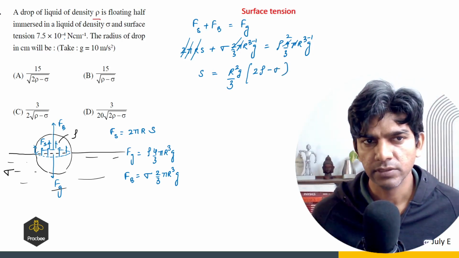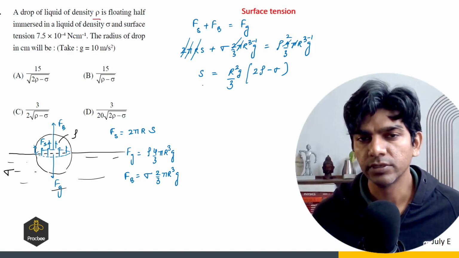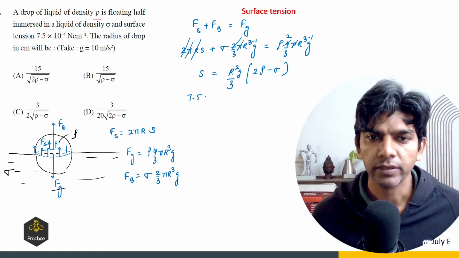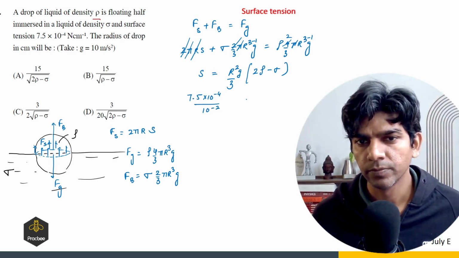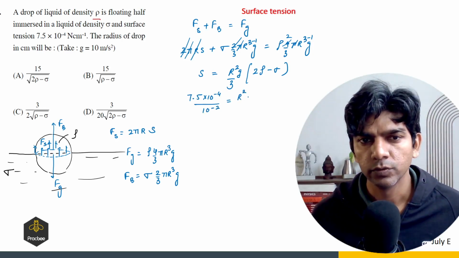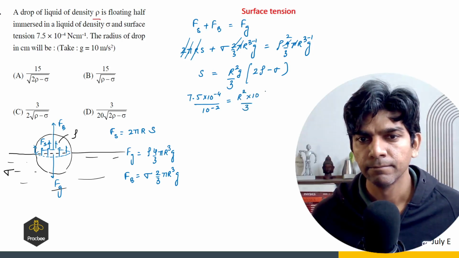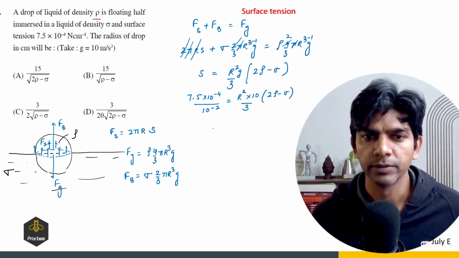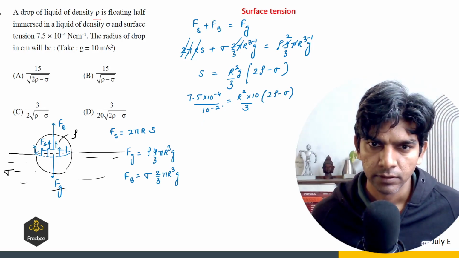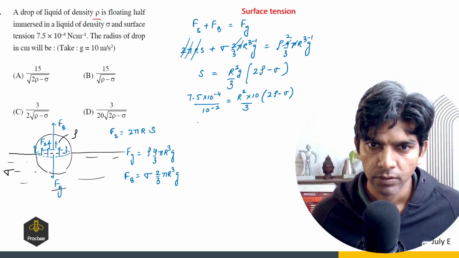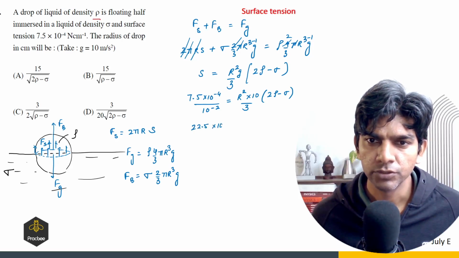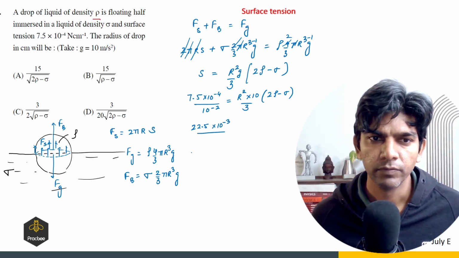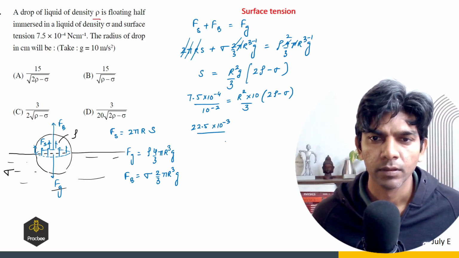And surface tension is given as 7.5 into 10 raised to minus 4 Newton per centimeter. So it will be 7.5 into 10 raised to minus 4 divided by 10 raised to minus 2 in SI units. And it will be r square and g is 10 by 3 times 2 rho minus sigma. So let us simplify this. So we are getting 22.5 into 10 raised to minus 3 divided by 2 rho minus sigma.